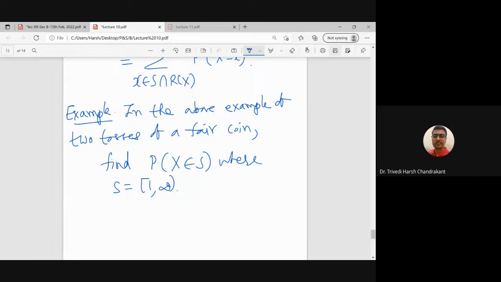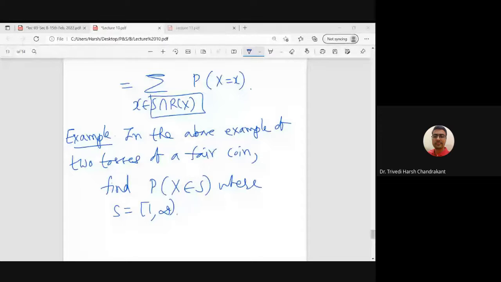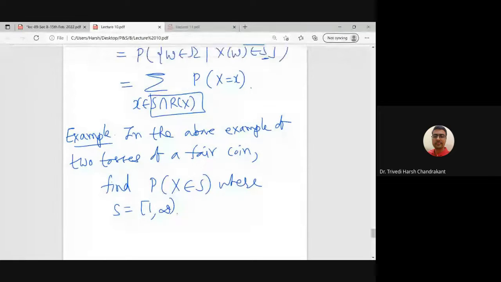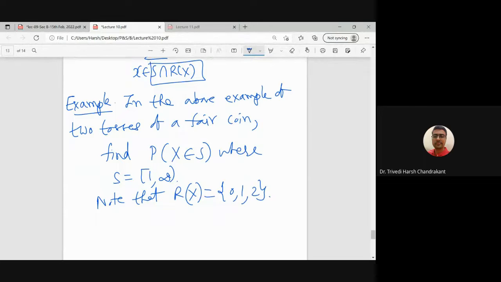What we will do first, we'll first find S intersection the range of X. Note that range of X is either 0, 1 or 2. Right, we have seen earlier, it is either 0, 1 or 2, getting number of hits.